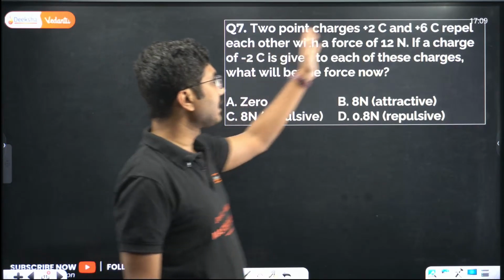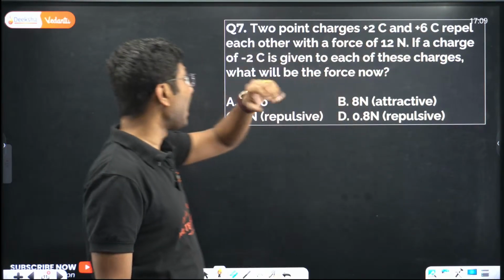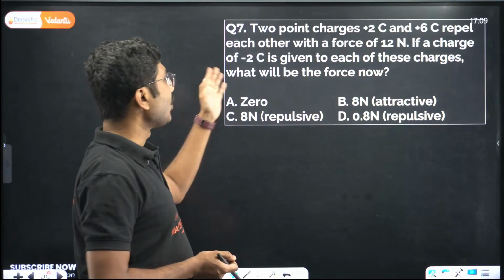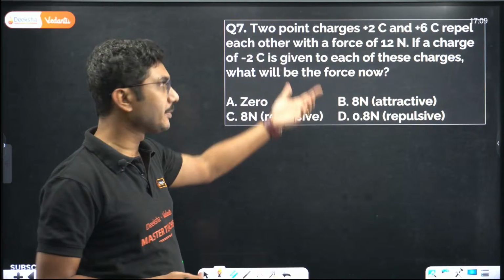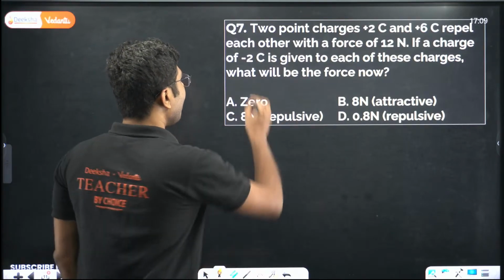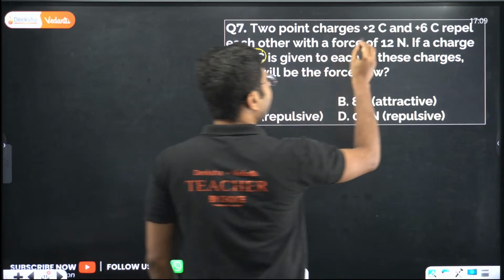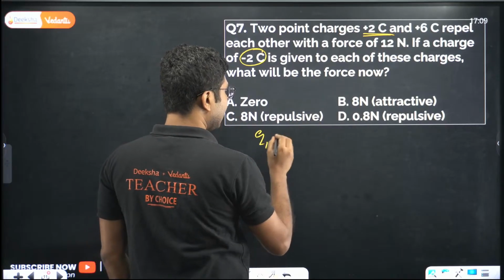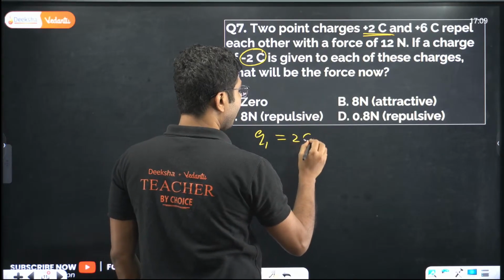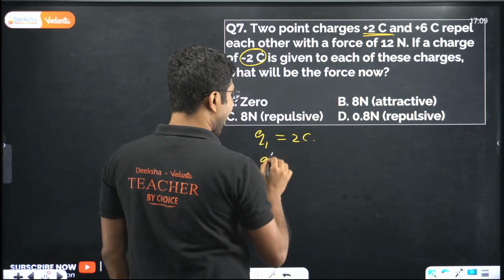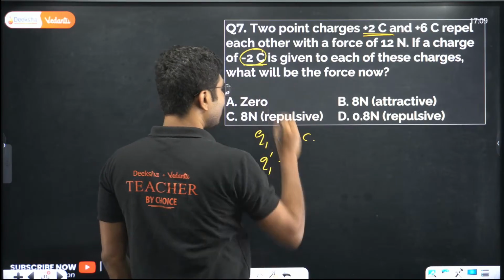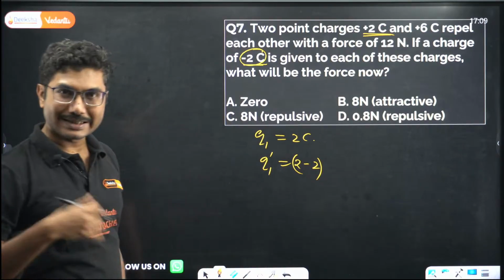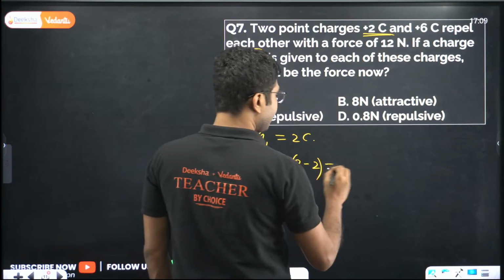So you have given minus 2 coulomb to each of them. So if you see that minus 2 coulomb, when you give it to plus 2 coulomb, what will be the net charge? So Q1 initially was 2 coulomb. What will be the Q1 dash when you add minus 2 coulomb to that? So charges are additive in nature, so you have to use the sign of the charge, right? So it will be 0 coulomb.